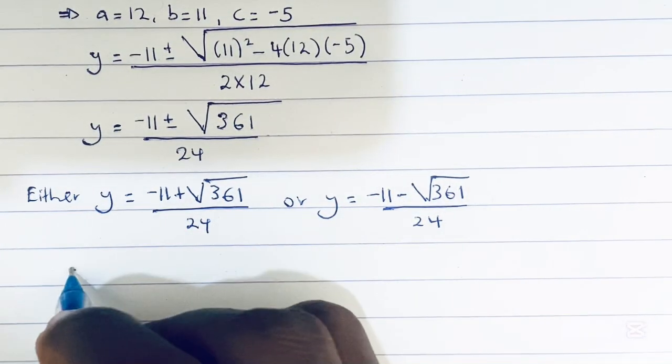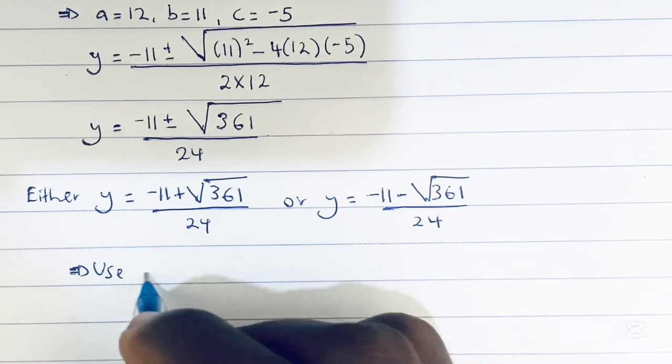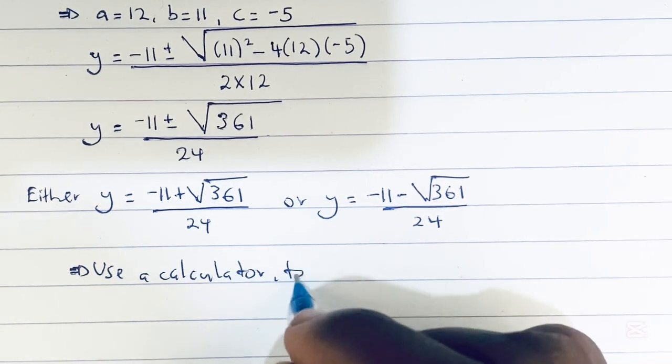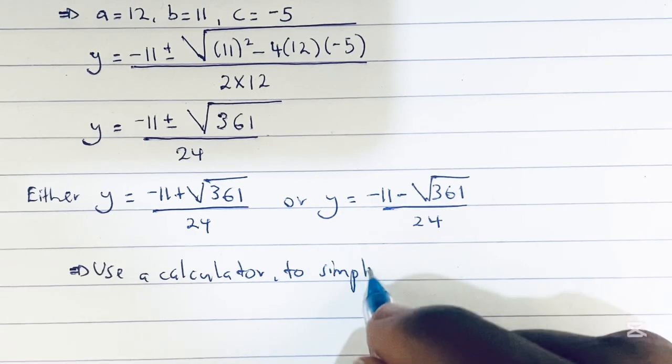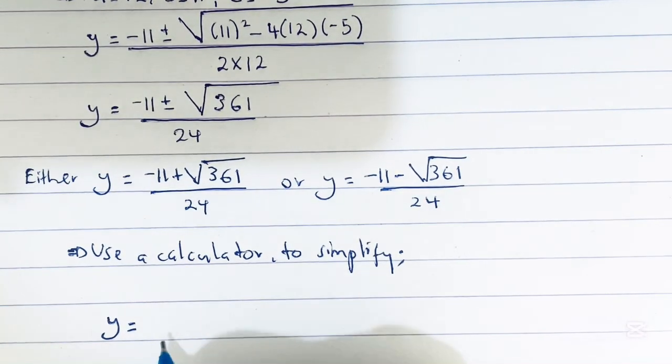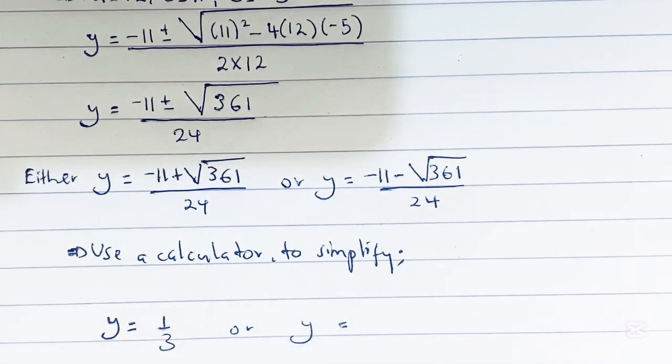So here we can use a calculator to simplify. So when you use a calculator, y is going to be equal to a third, or y is going to be equal to negative 5 over 4.